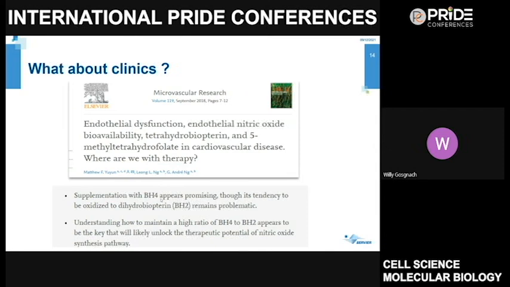And even if some of them gave promising results, to date it is not a valuable therapeutic solution, mainly because in these pathologies, the injected BH4 is rapidly oxidized to dihydrobiopterin, BH2, and is no longer able to give its protective activity.